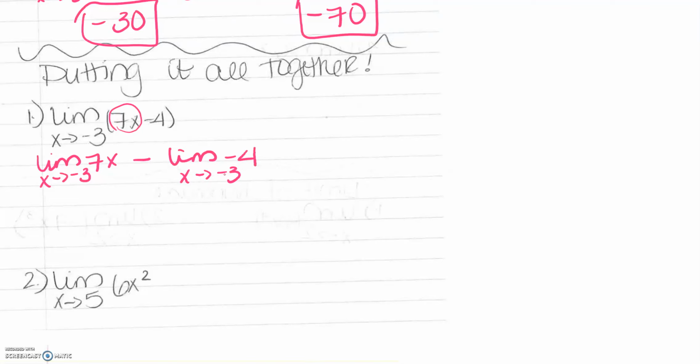Then we're going to break it apart again: the limit of 7 as x approaches -3 times the limit of x as x approaches -3. That's all coming from here.